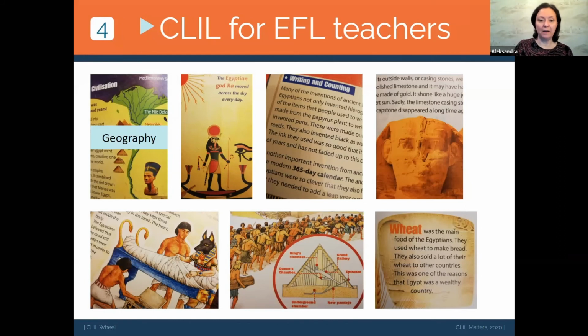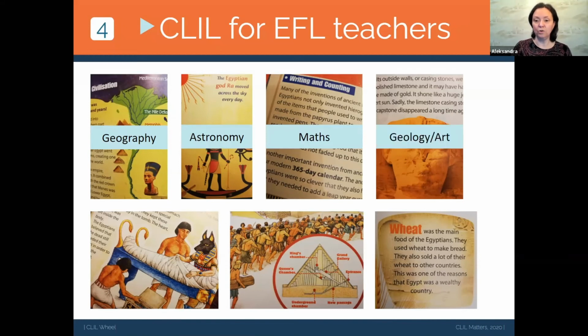If I talk about the Egyptian god Ra, I can go into astronomy. Writing and counting, maths today. Sphinx, I can go into geology and art. Mummification, biology, what happened to different body parts? How did they do that?